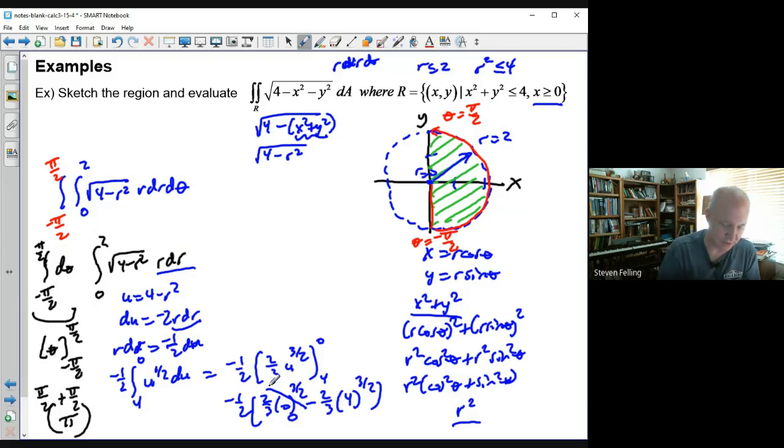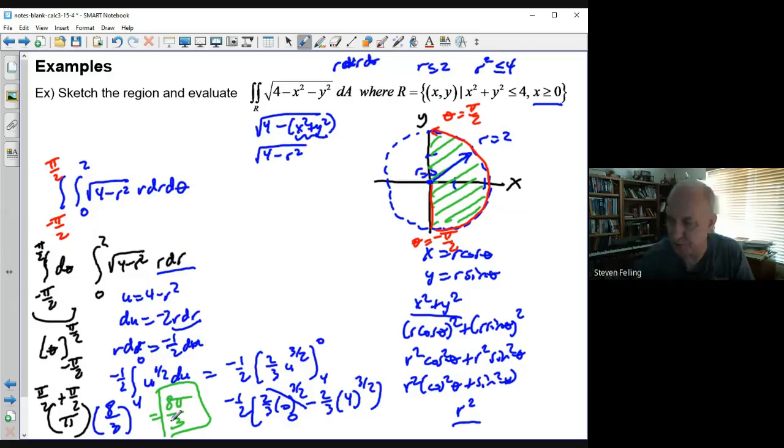So we're going to have 8 times 2 divided by 3, and then that's multiplied by a negative 1/2. It's just going to give me positive 8/3. So this number here turns out to be 8/3. And so our final answer is 8 pi over 3.